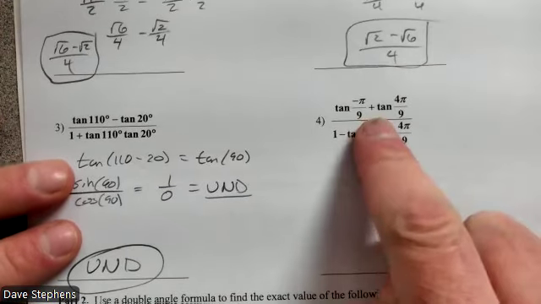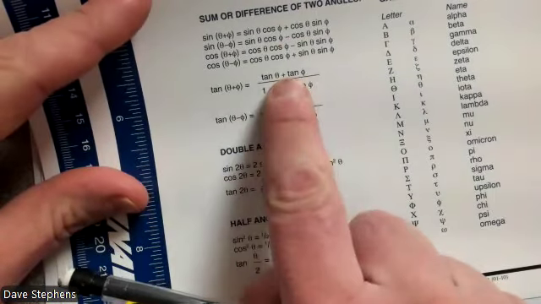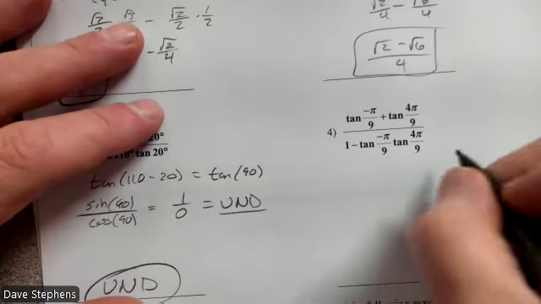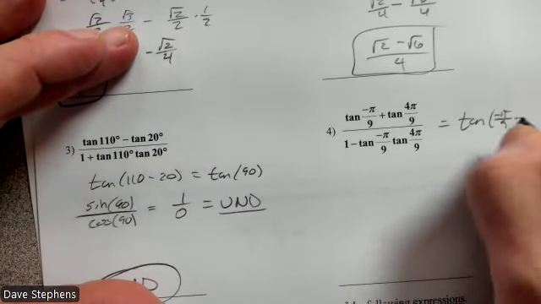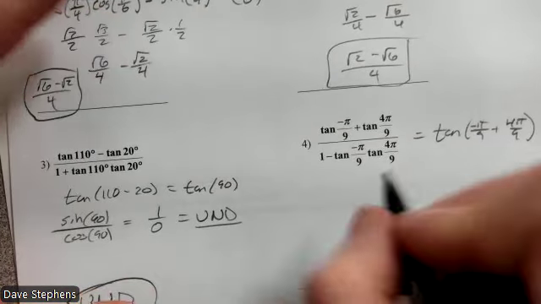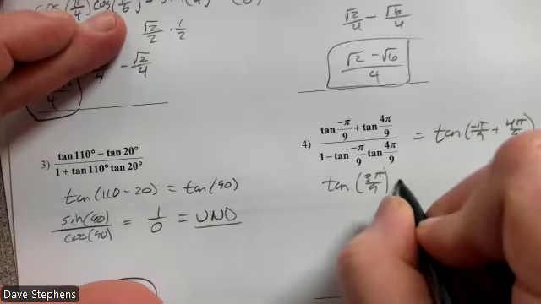All right, with this one here, we have the tangent plus. So tangent plus right here. So I'm going to be adding. This is all going to turn into the tangent of negative pi over 9 plus 4 pi over 9. And that gives us the tangent of 3 pi over 9.